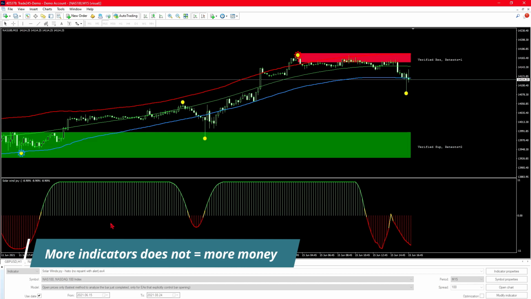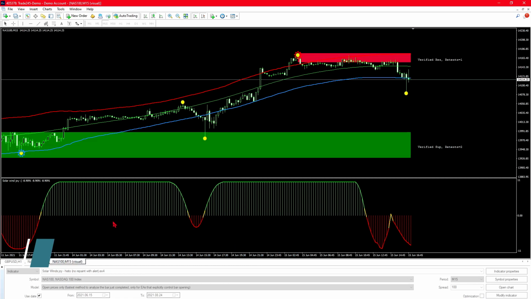One thing I would like to bring your attention to is the overusage of other indicators that have been seen from different Forex gurus on Instagram. So these verified support and resistance levels have been used by many other people, and these suns looked a bit familiar to me.